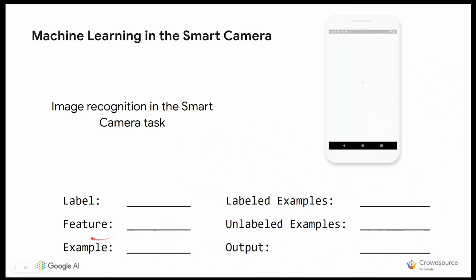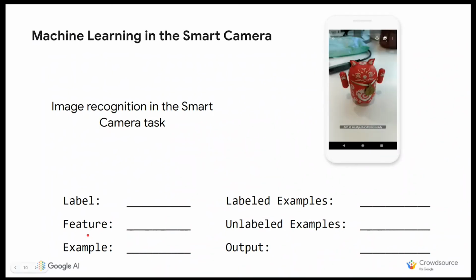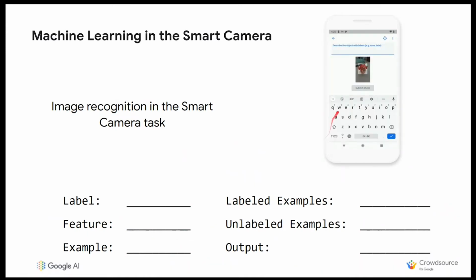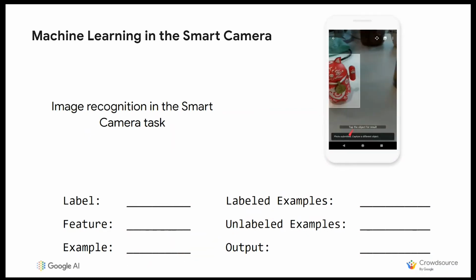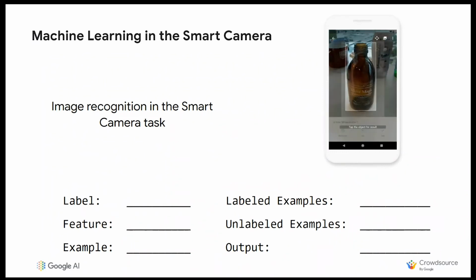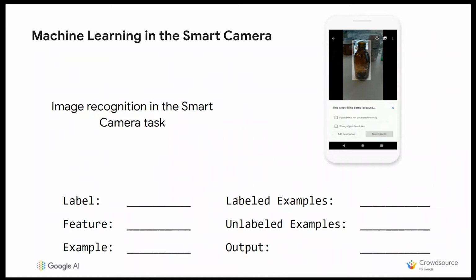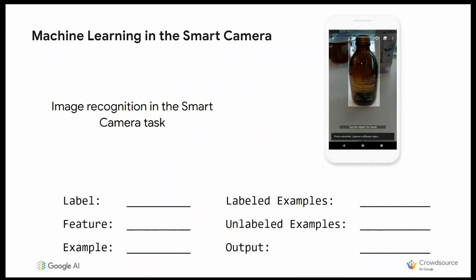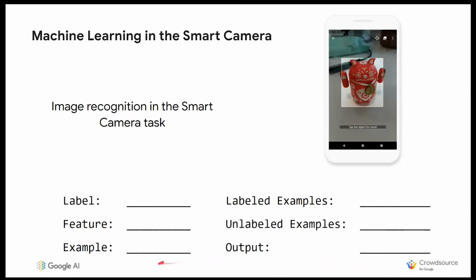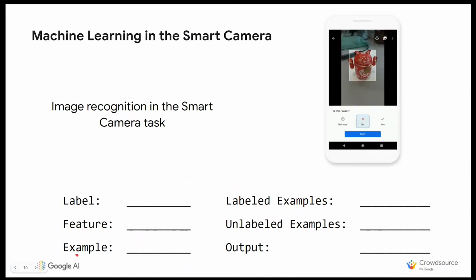So you can relate with this perspective. Here it is an image, and what can be the examples for this particular model? Recognizing each object, naming. Yes, that's correct. Recognizing each object in each image is an example.